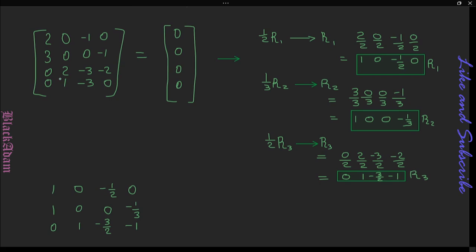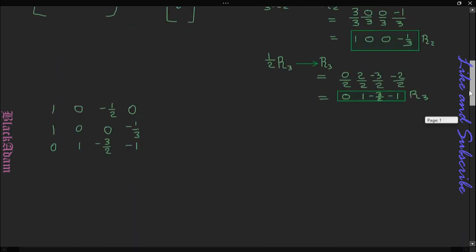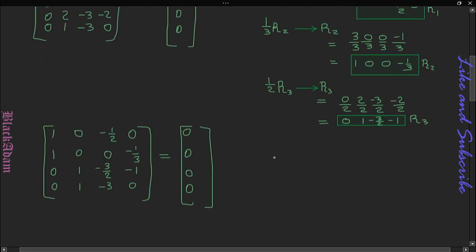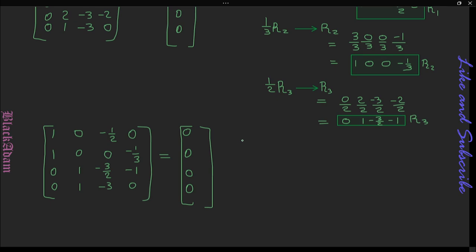And then from there we have the last one, row 4. We put it as it is, it didn't change. So that's going to be 0, 1, negative 3 and 0 and all that. Then from there, that is equal to the right hand side, which is 0, 0, 0. That's what we get.